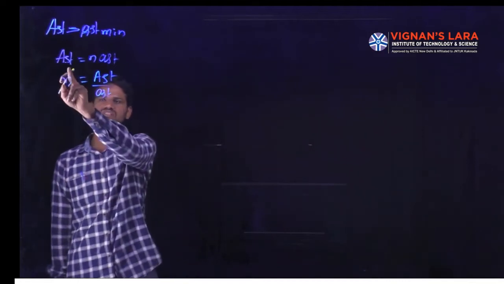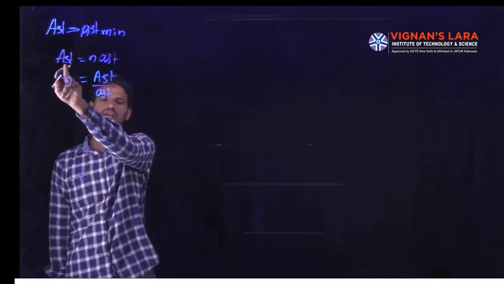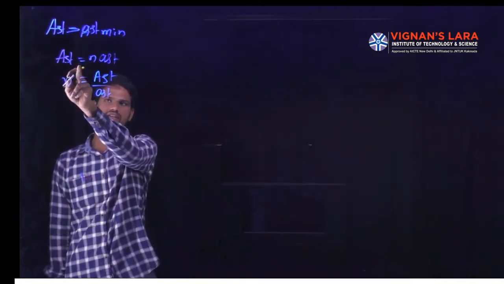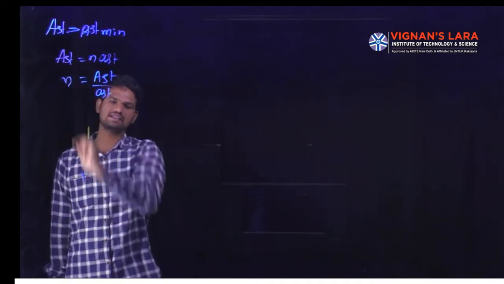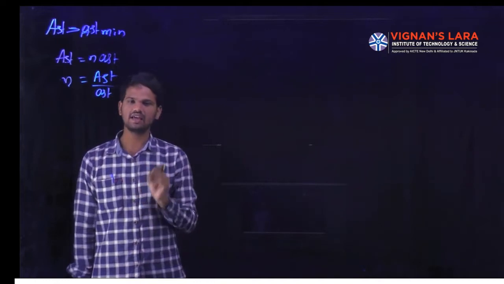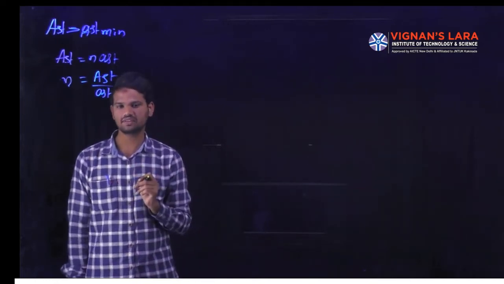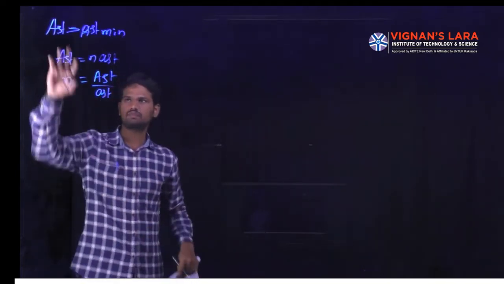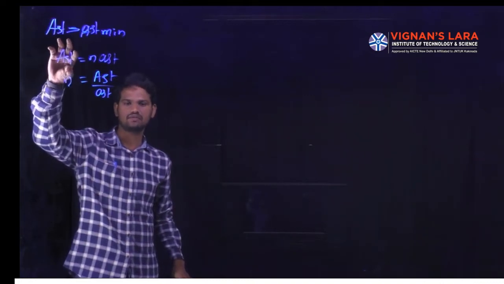Again, if you check here, the total area of the steel, capital AST, equals N times small AST, where N is the number of bars and small AST is the area of the steel reinforcement for a single bar. Capital AST is the total area of the steel reinforcement.